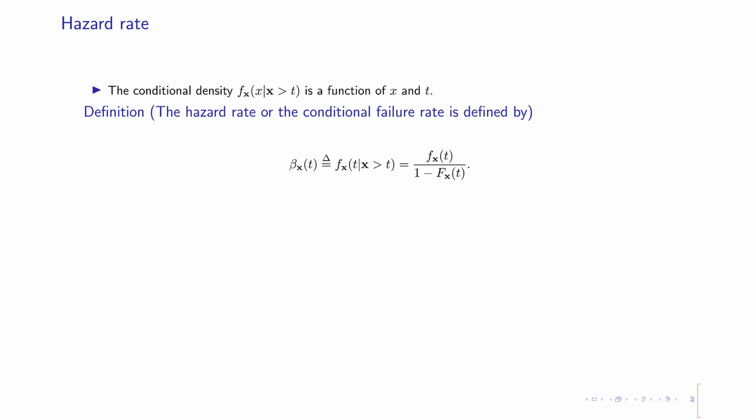Because this was f_X(x) divided by R_X(t), if you replace x by t, you get this one, and this is the complementary CDF. So hazard rate is just the ratio of the PDF divided by the complementary CDF.